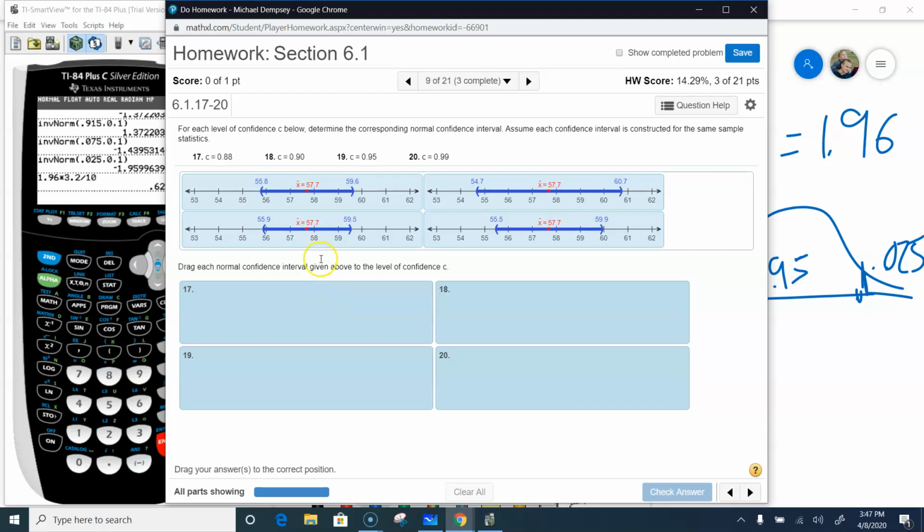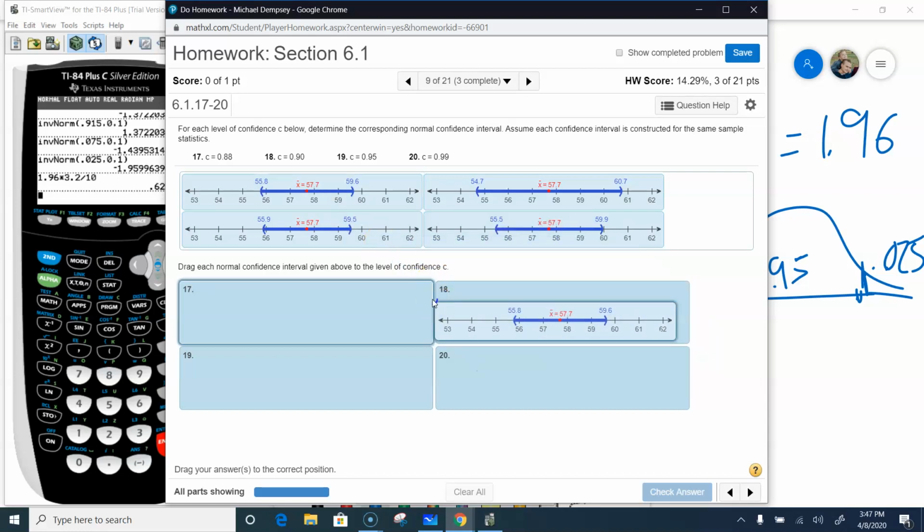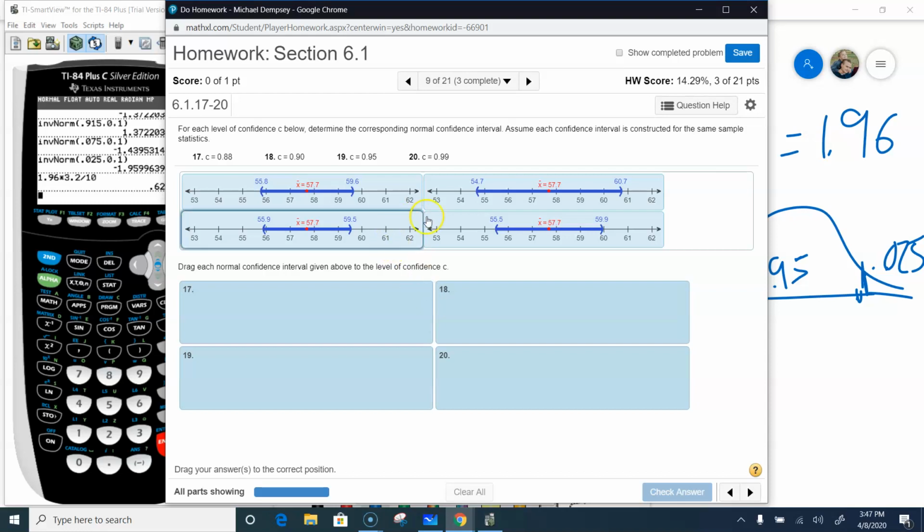Okay. They all have the same means. I'm having trouble dragging this where I would like to. I can't tell if it really went there or not. So then my next level of confidence, 90% confidence, looks like would be this one. Drag him to 18.